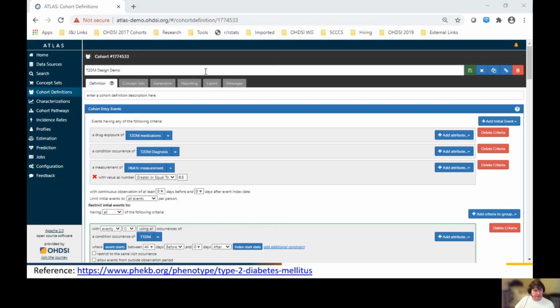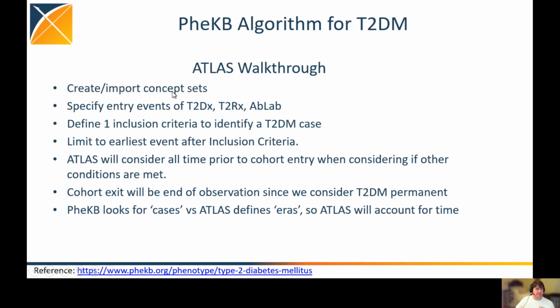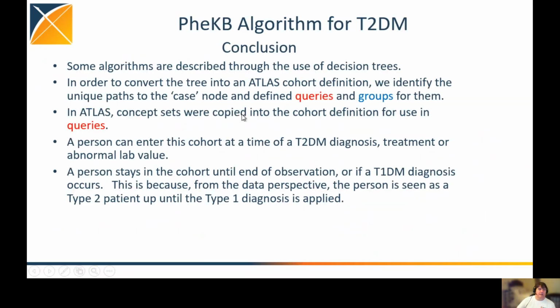Okay, back to our slides. So in conclusion, some algorithms are described through the use of decision trees, like we saw in the VKB's case. In order to convert the tree into an Atlas cohort definition, we identify the unique paths to the case node and define queries and groups for them.